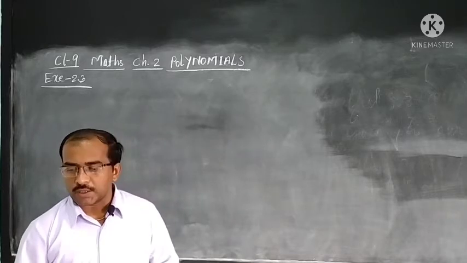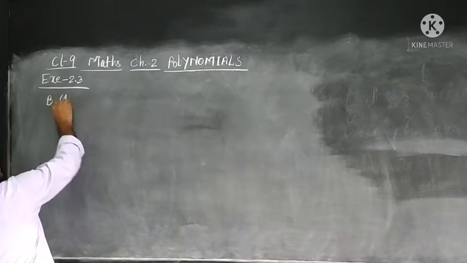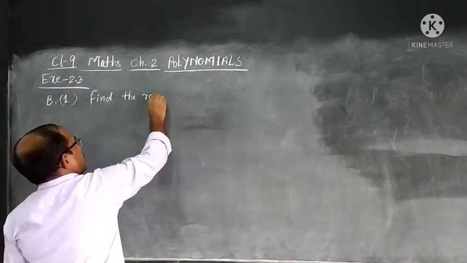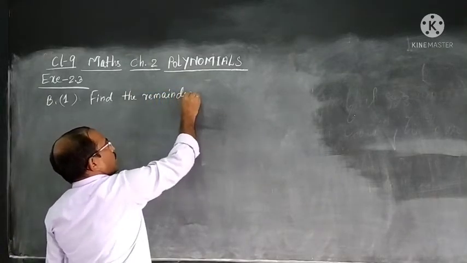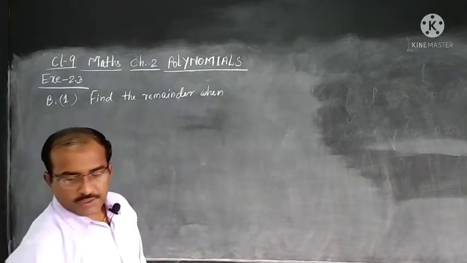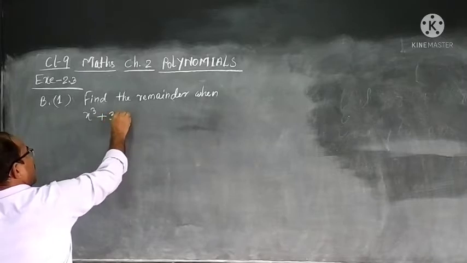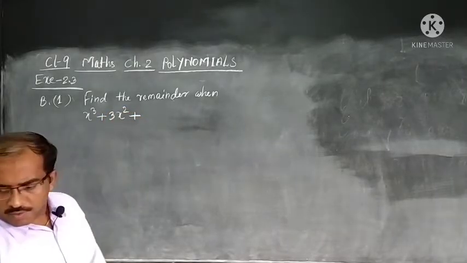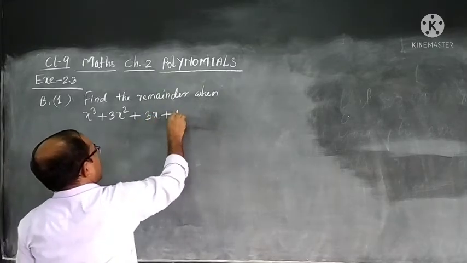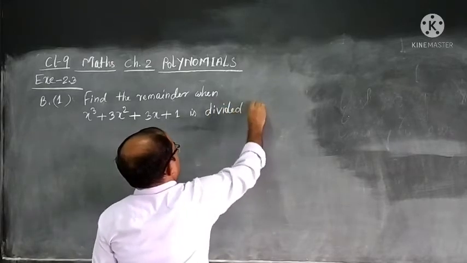Question number B1: find the remainder when x cube plus 3x square plus 3x plus 1 is divided by the following.